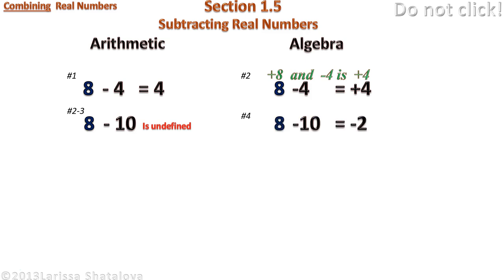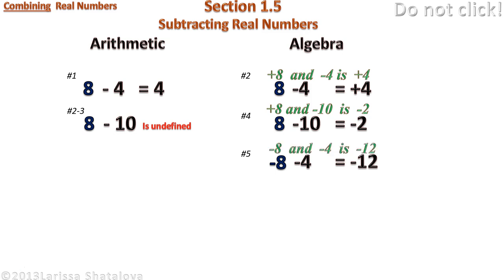In algebra, it will be positive 8 and negative 10 is negative 2. As you see, we don't have subtraction in algebra. We are adding positive and negative numbers. One more example. What do we have? Negative 8 and negative 4 is negative 12. We are adding positive and negative numbers.